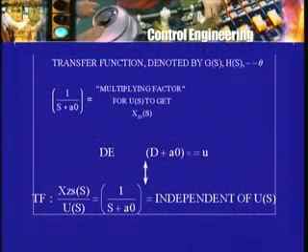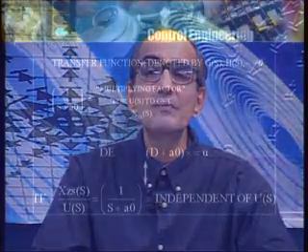Now as you can notice, the system differential equation I wrote in this operator form, D plus a0 operating on x, the response, equal to the input u. The transfer function I have written in the form 1 by s plus a0, or alternately X zero state of s equals 1 by s plus a0 into U of s. And I suppose you can notice some connection between the operator and the transfer function.